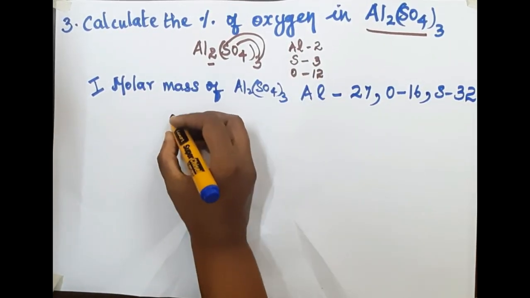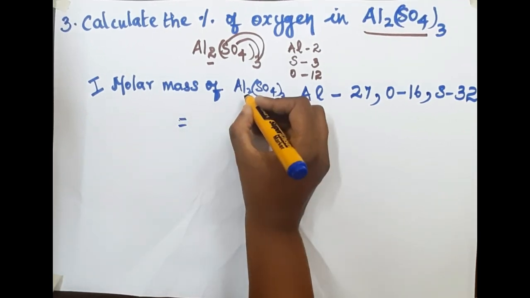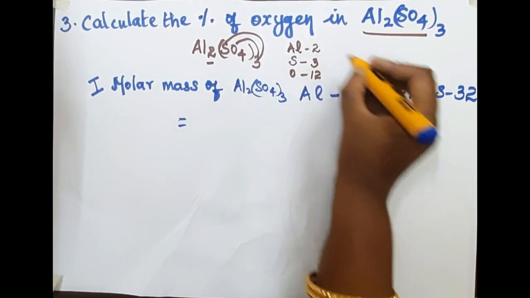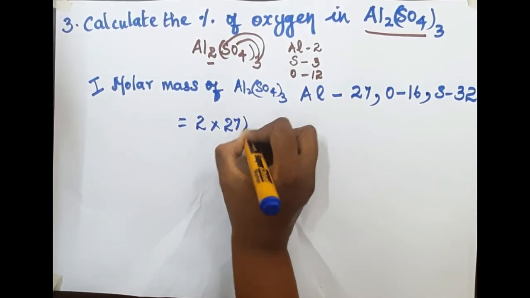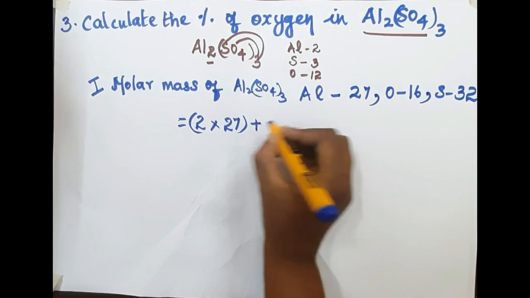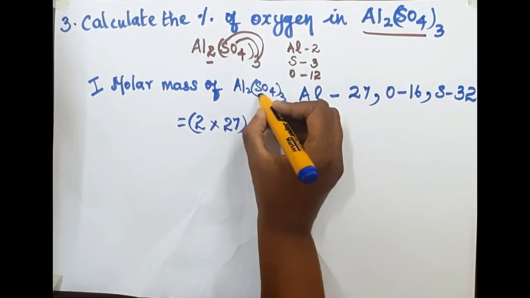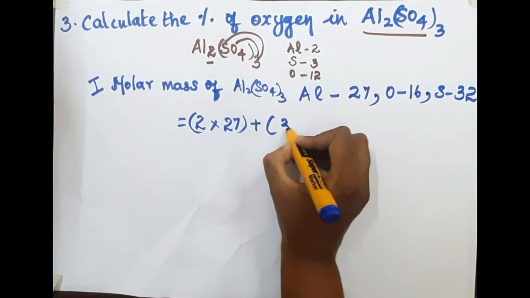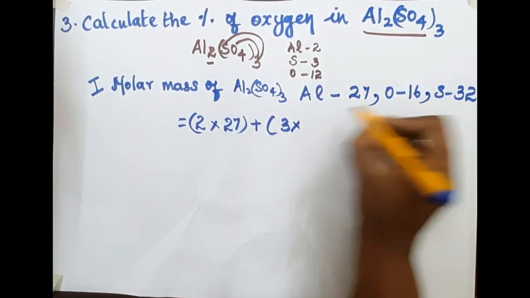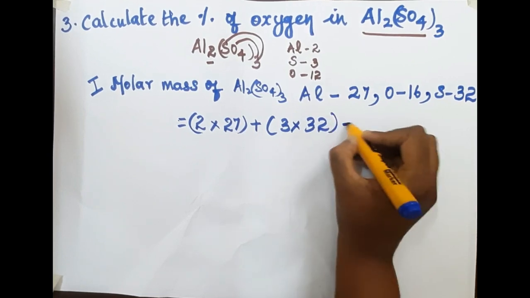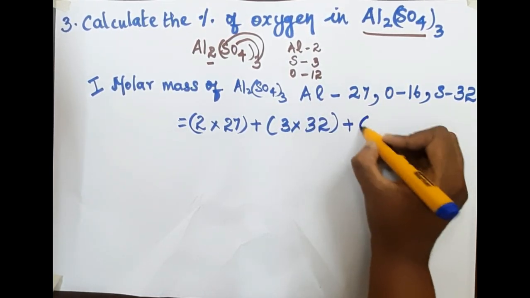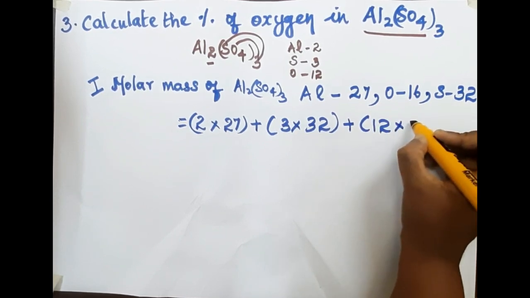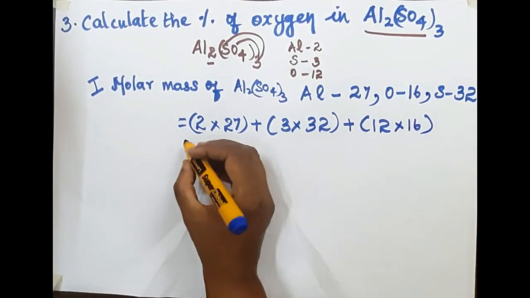Now children, see here. How many aluminium atoms are there? 2. 2 into 27, plus, how many sulfur atoms are there? 3 into 32. Plus, how many oxygen atoms are there? 12. 12 into 16. Is it clear?